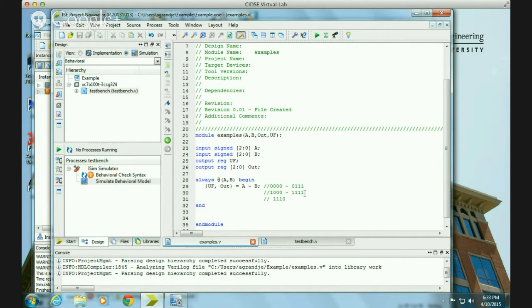Because then when you perform the 2's complement on it, you get 0, 0, 0, 1.